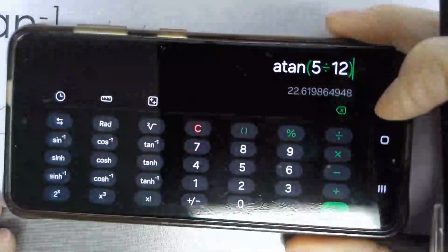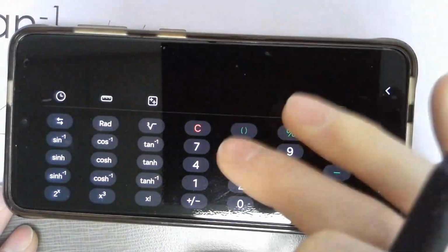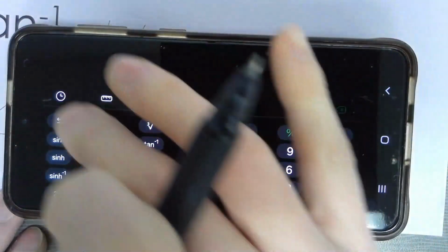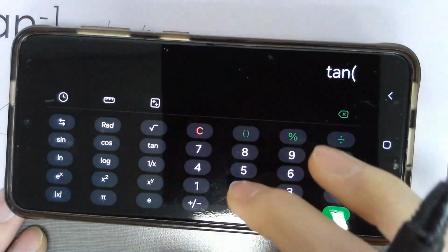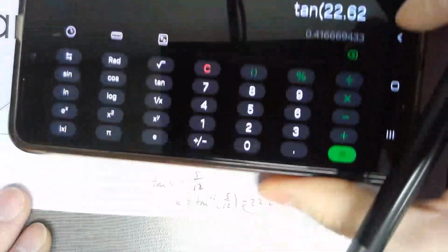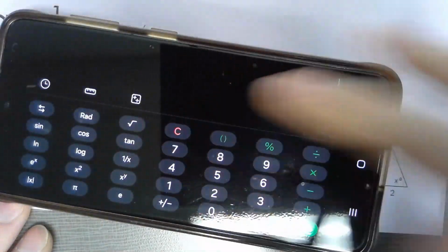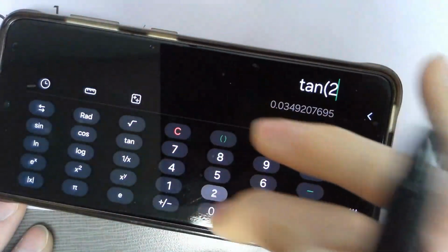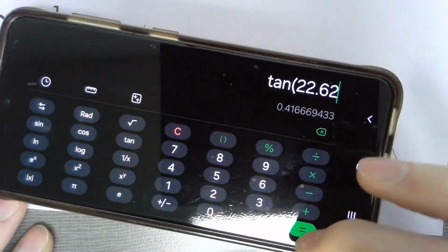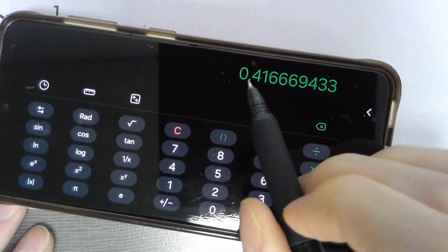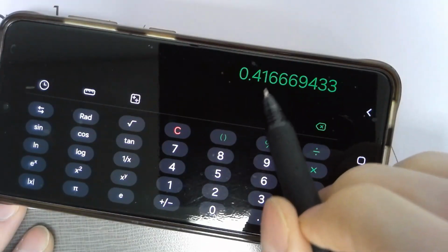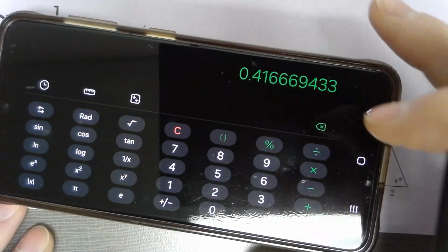In fact, I know we hadn't been checking our answers earlier, but if I take the tangent, let's go back to the primary tangent, not inverse tangent, tangent of 22.62, I get 0.416 repeating, so I'll say 0.42.